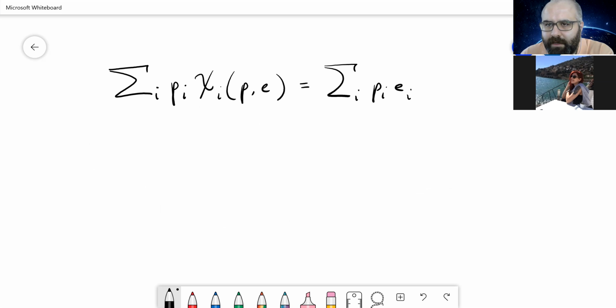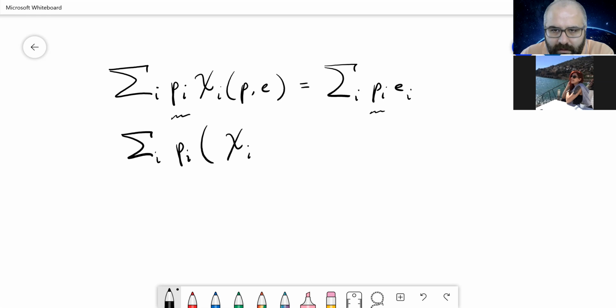Now, once again, realize prices are common. So I can write it in this way: the sum of Pi times (Ci minus Ei) equals 0.